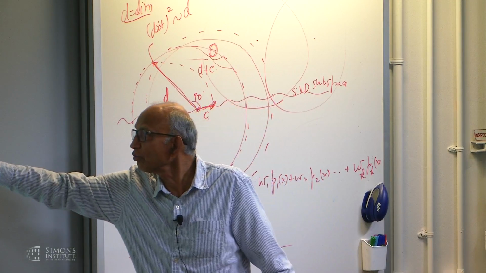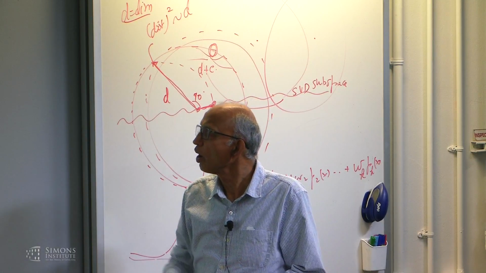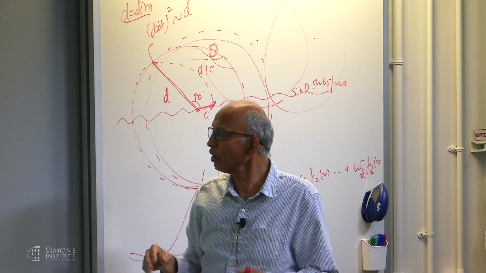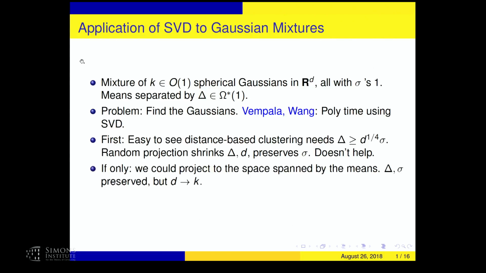So unless you have this larger separation, D, we are thinking of asymptotic, so D, the delta constant, it's not true that points are closest to your own points. So that's no good. It doesn't help. Now, random projection does not help. Random projection does shrink this as well as this, but not well enough at all. In fact, it gets worse, this inequality with random projections.